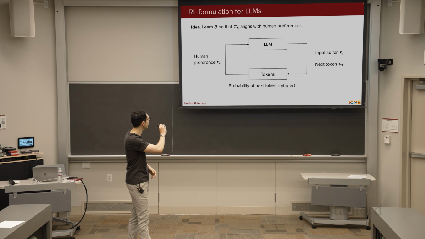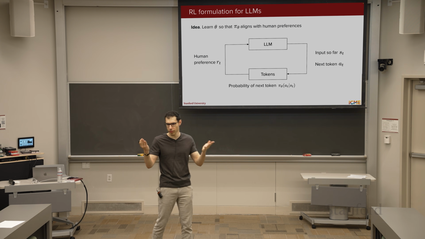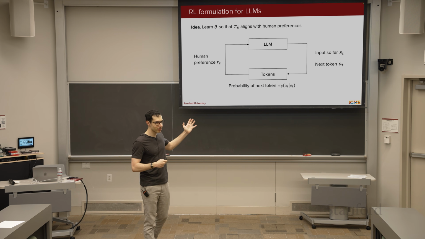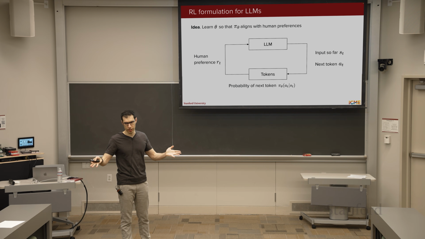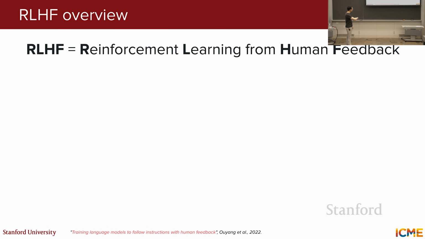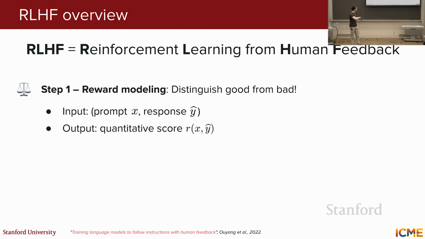So we want to learn theta, and theta is the parameters of our LLM, such that pi of theta aligns with preferences. And that's where RLHF comes into play. RLHF stands for Reinforcement Learning from Human Feedback, and it is typically composed of two stages.